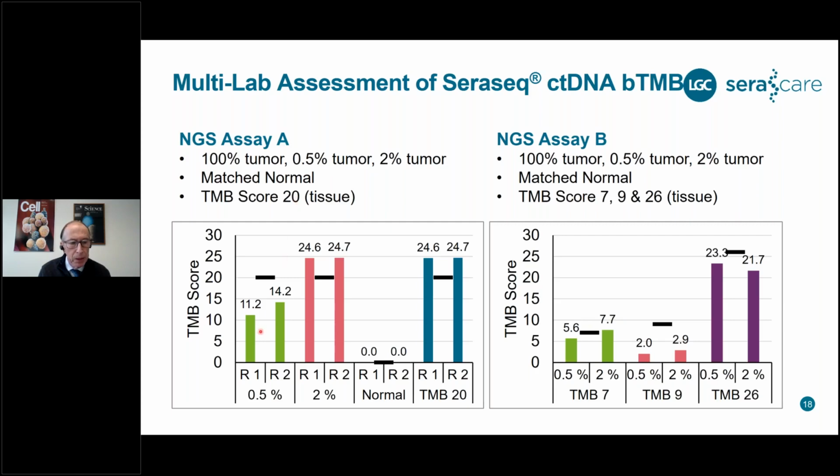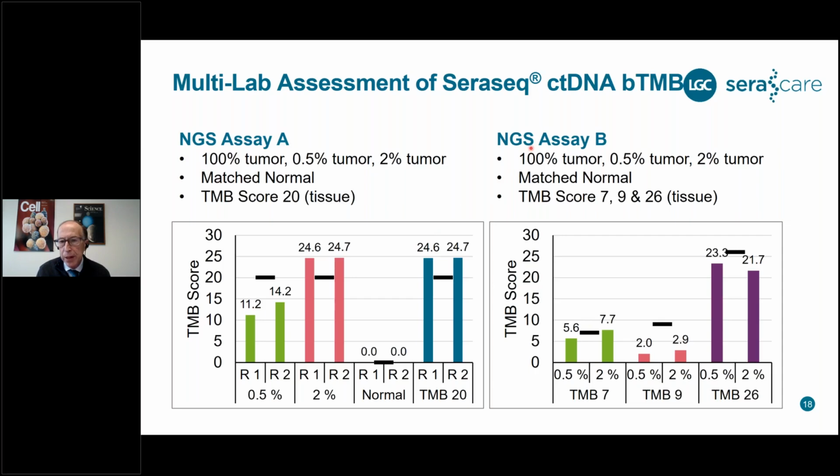So you can see replicates at 0.5% or 2%. 0.5% is much lower at 11 mutations per megabase and 14 versus the solid tumor of 20. You can see at 2% slightly higher, and then you can see again the TMB 20 score over here for different replicates. Again, it gives the laboratory a sense of do they need to adjust their pipeline and how's their reproducibility.